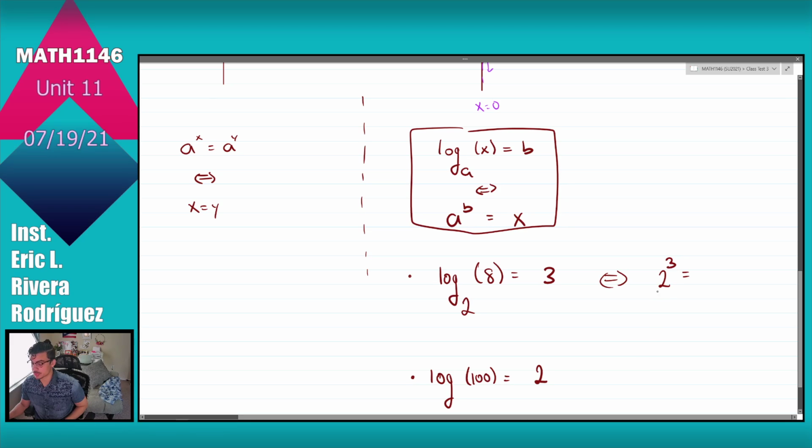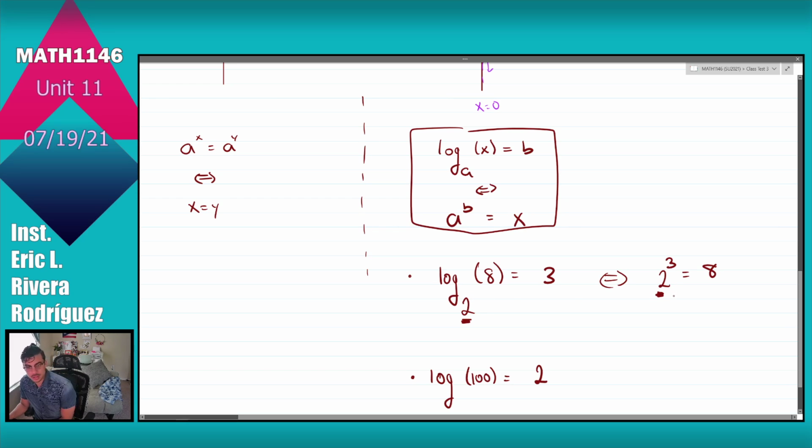I think I said 3 to the power of 3. 2 raised to the power of 3. What is the value? Tell me that in the chat. It's 8, right?